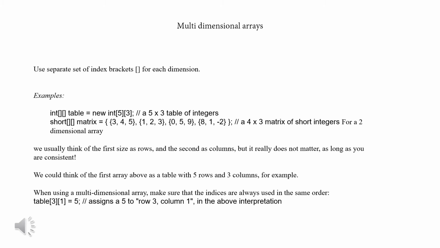So table[3][1] = B5 means the element that is inside the row with the number 3 and the column with the number 1, the value of that cell, that element, is B5.